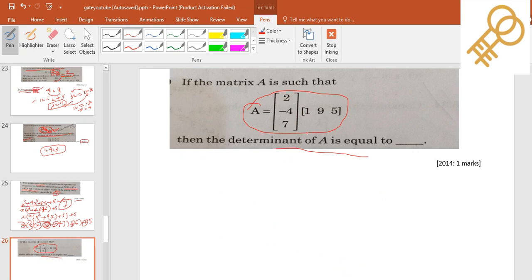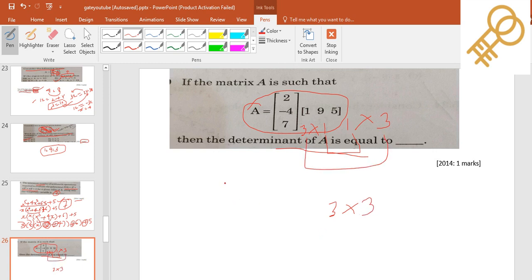The first matrix order is 3 into 1, and the second matrix order is 1 into 3. Matrix multiplication is only possible when these are equal. So these are equal, and the order of the final matrix will be 3 cross 3. You can see here, this 3 and this 3, 3 cross 3.